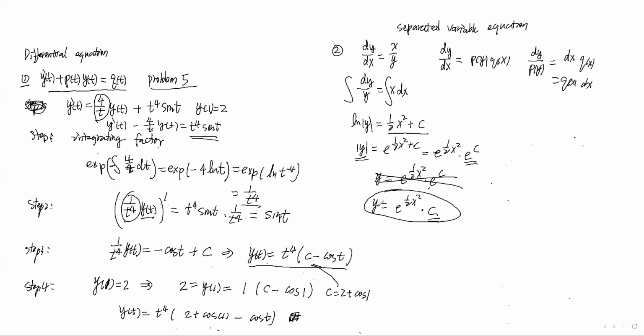It is determined by the initial data. For example, if y(0) is 3, writing e^c is okay, but if y(0) is negative 3, using this method is wrong. Don't ask me why now, just follow my method.